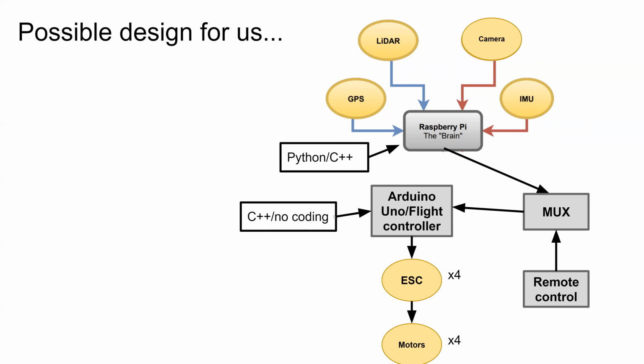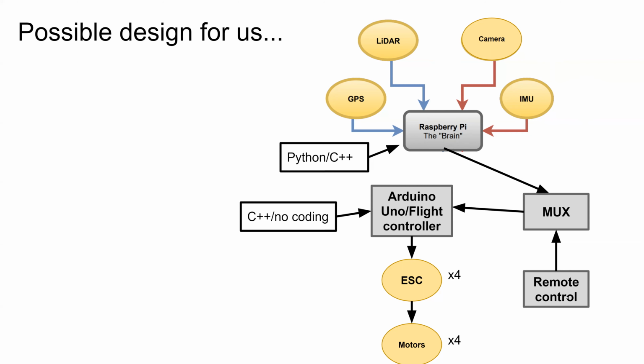And then also I added these two boxes right here. This would be our multiplexer, which would basically have direct control over the flight controller, where the two inputs could be a remote control or the Raspberry Pi.